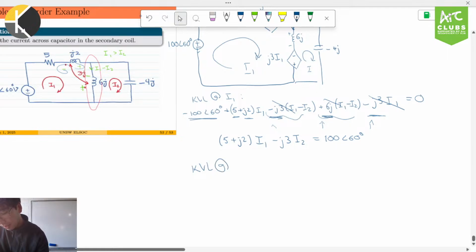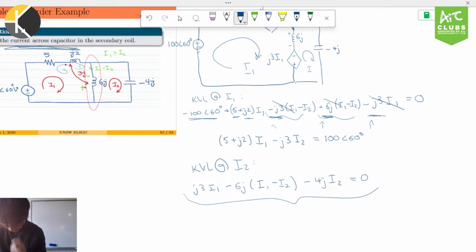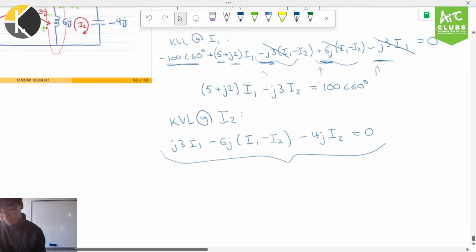Then we are going to apply the same thing to our second mesh. So we're going to have j3 I1 minus j6 times I1 minus I2, minus j4 I2. So again, we're trying to find the current across the capacitor in this case. So I'm going to simplify for I1 and then sub that in to find I2.